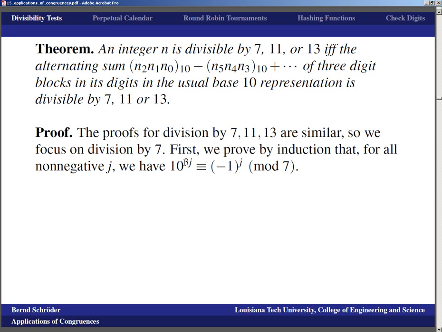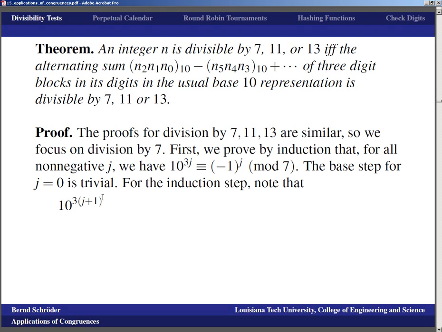10 to the 3, that's the base that we have if we start grouping base 10 digits by 3. All of a sudden, we're looking at one of those grouped digits having a valuation in a base 1000 notation, if you will. And if we can show that those things are negative 1 to the j, well, then we're doing quite fine again. So the base step for j equals 0 is again trivial.